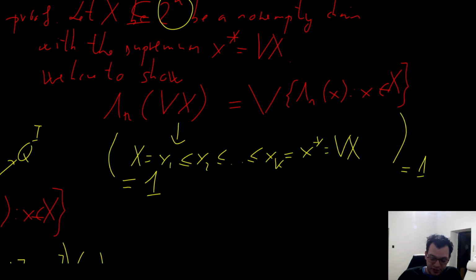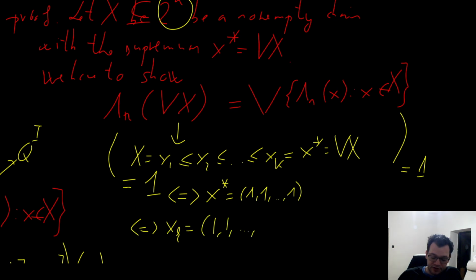Well, if and only if x star is 1, 1, 1, which means that xk is the 1, 1, 1 vector. Yeah, that's right. This is the only case when the result is 1.